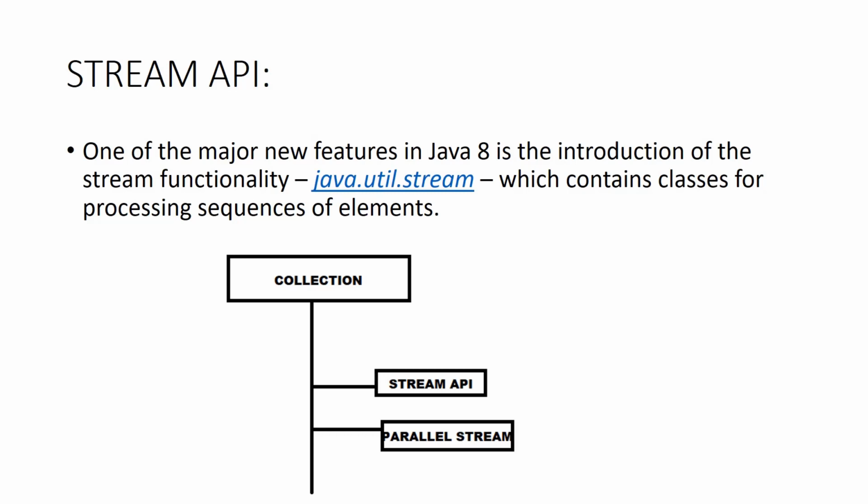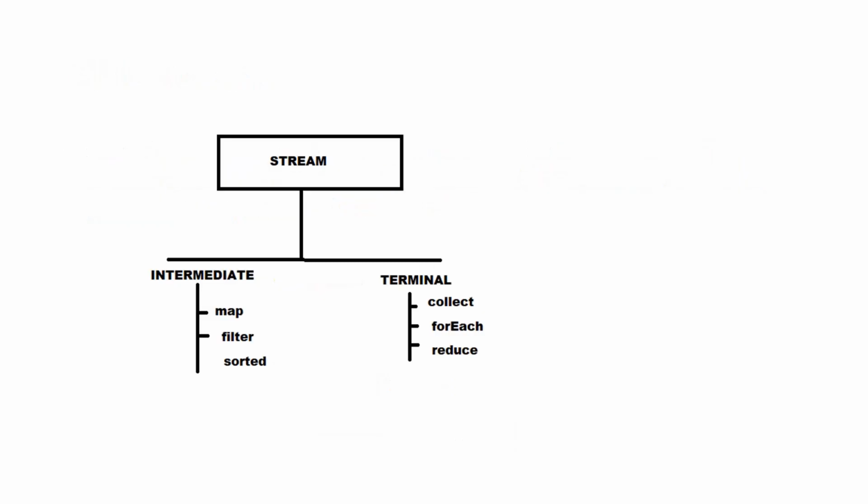We have Stream API and we have parallel stream as well. When I say parallel stream, this is for the multi-threading part, and in general we'll be using a Stream API. Now stream can be classified into two parts, intermediate and terminal.